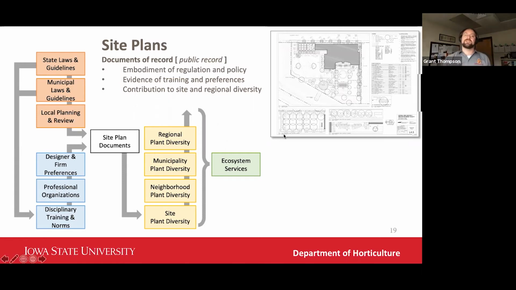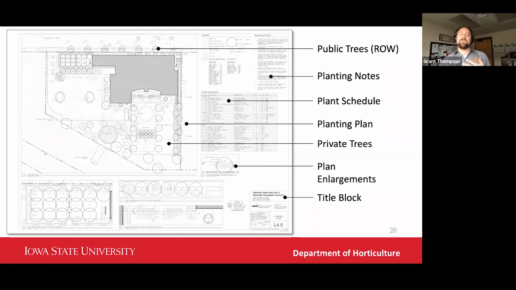And of course, this ultimately gives the ecosystem services that our urban forest is providing. So through this intermixing of these policies and consultants, we may actually have outcomes affecting those ecosystem services that, of course, we're trying to provide and manage. So when we look at a site plan, and this is one from my time in practice, this is that Central Iowa shelter that I mentioned earlier.